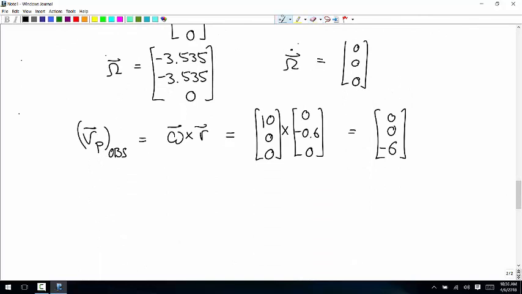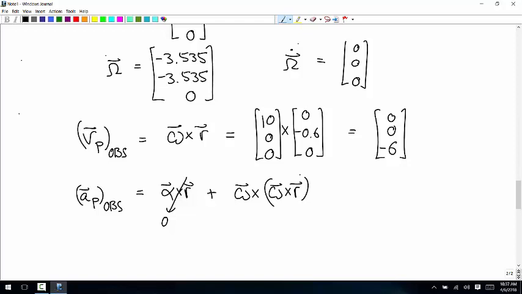So that didn't change from the last example when we moved the origin. Okay, and then the acceleration of P that's observed is alpha cross R, that goes away, plus lowercase omega cross quantity lowercase omega cross R. And that is 10, 0, 0, crossed with omega cross R, we already know is 0, 0, negative 6.